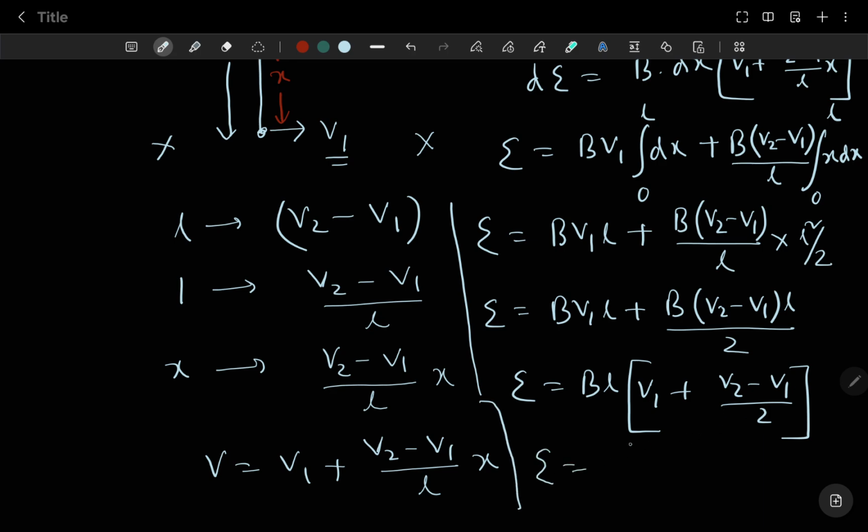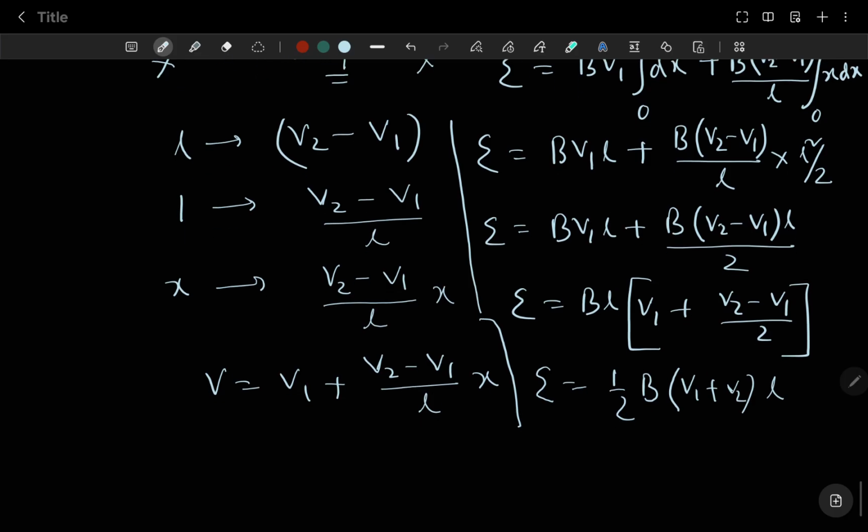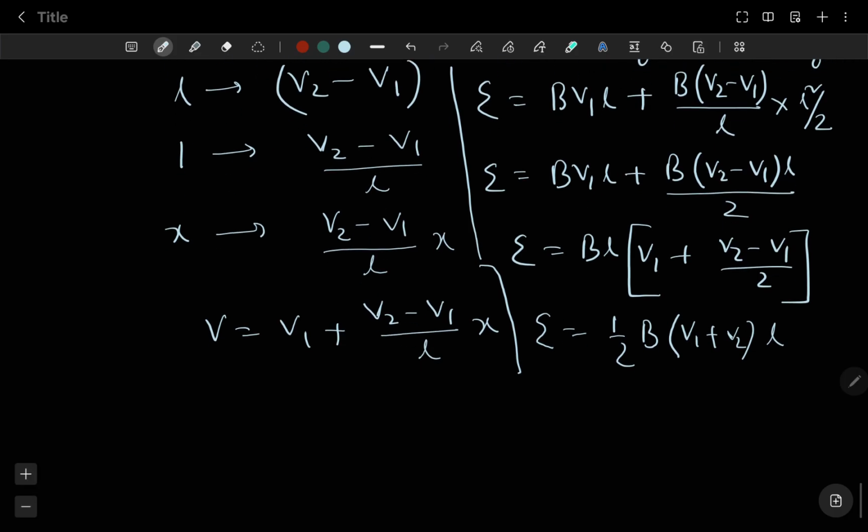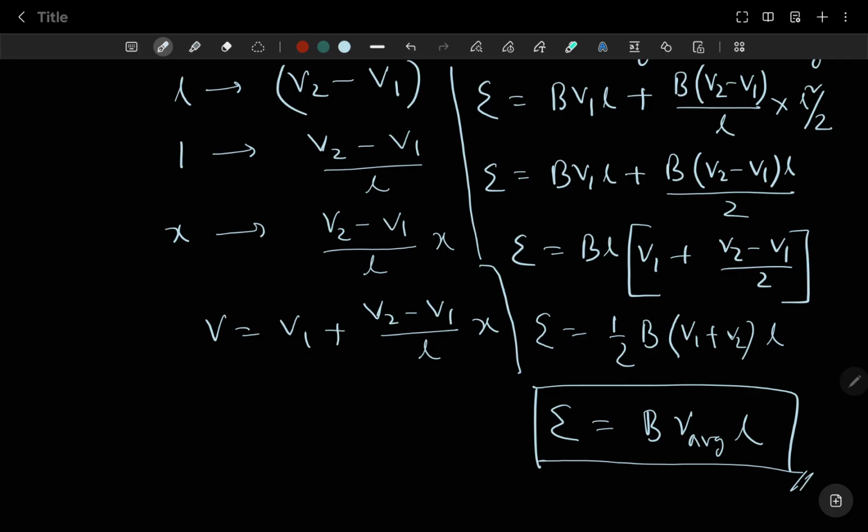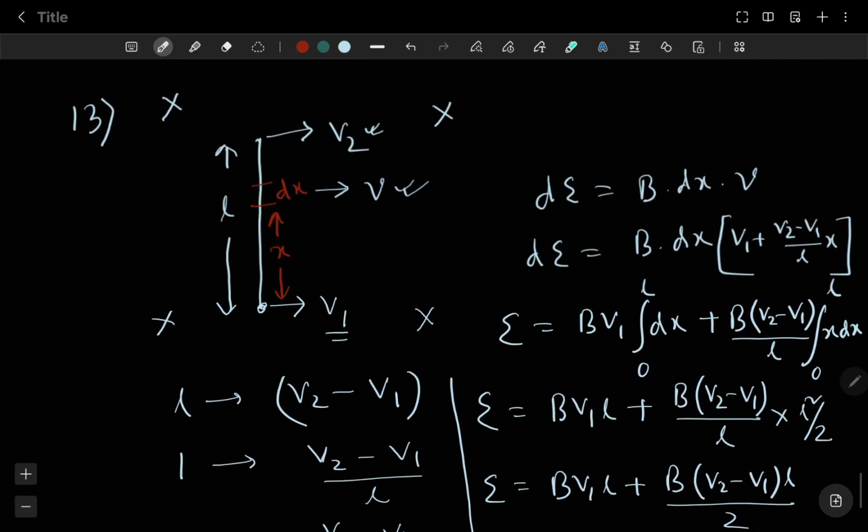So it will be half B, this is V1 plus V2, into L. Okay, fine. So it is basically coming out to be B V average into L, right? Isn't it? Okay, for this rod.